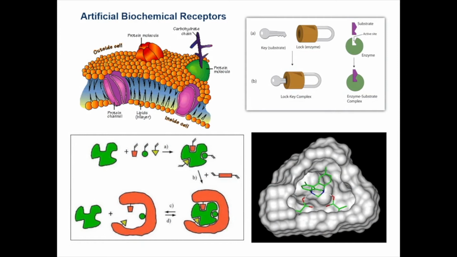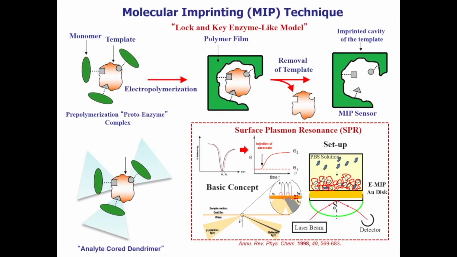So to do this, we took advantage of molecular imprinting using electrochemistry. It's quite unique because electropolymerization is a very important tool to deposit films on electrode surfaces, or to do this chemistry on a surface plasmon resonance chip, which we do a lot, by the way.